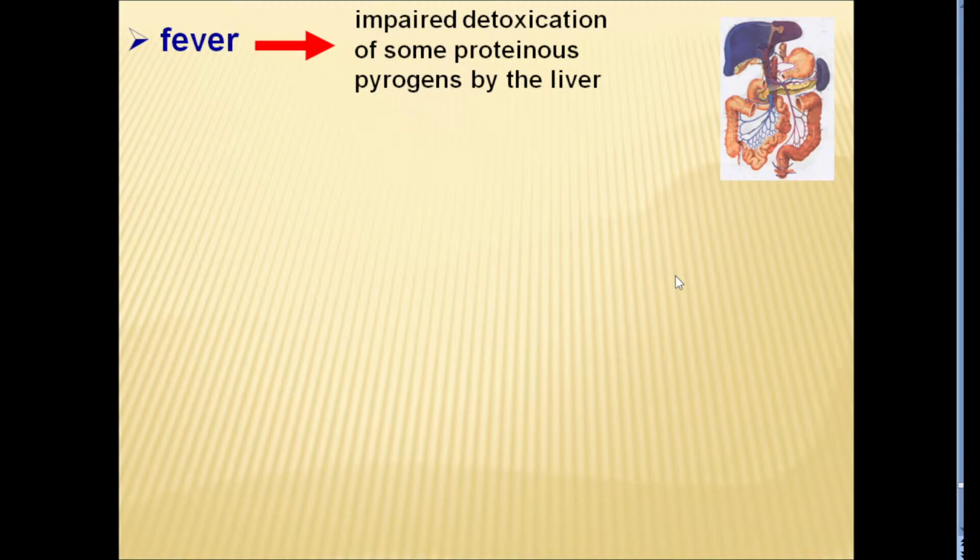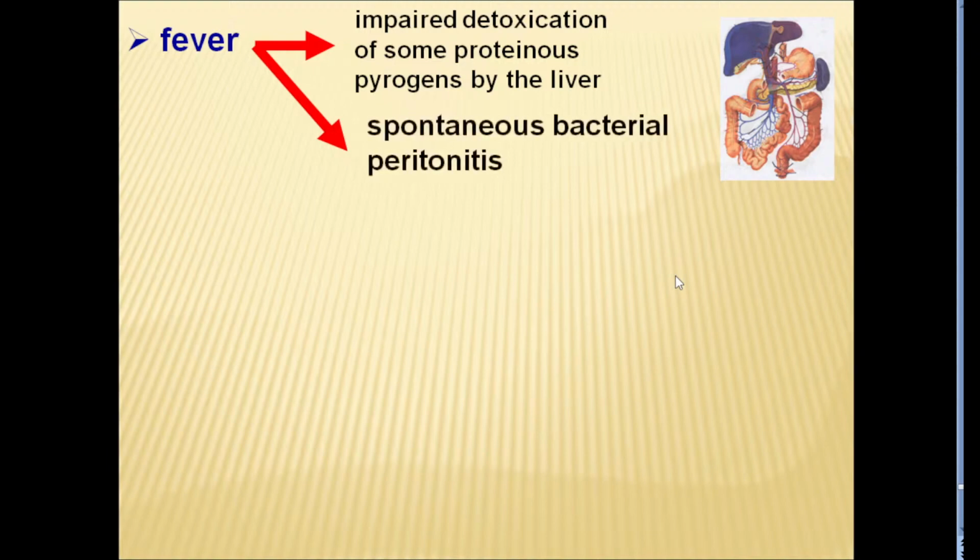If we are talking about the liver, the impaired detoxification function of the liver, and some pathological substances which are held inside the body become a pyrogenic agent for our organism.